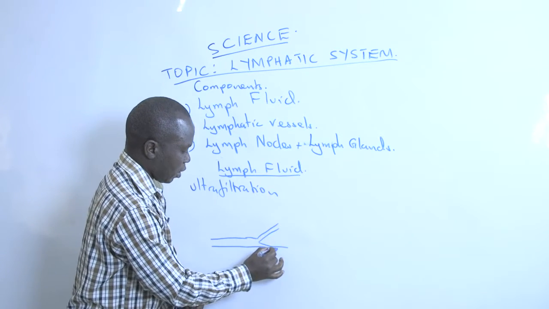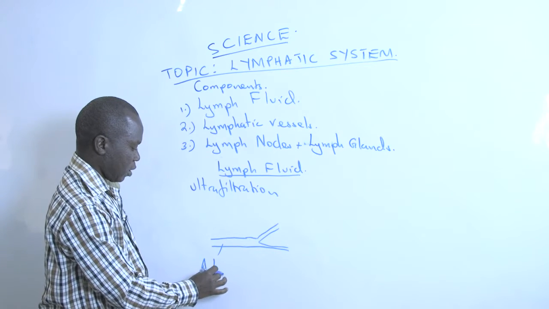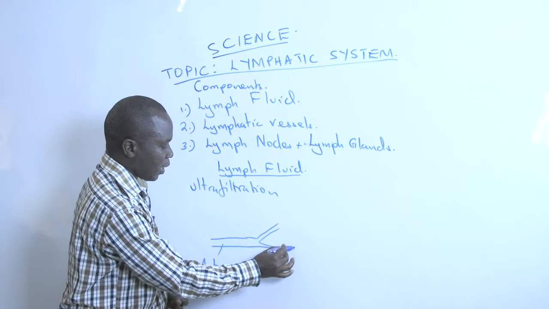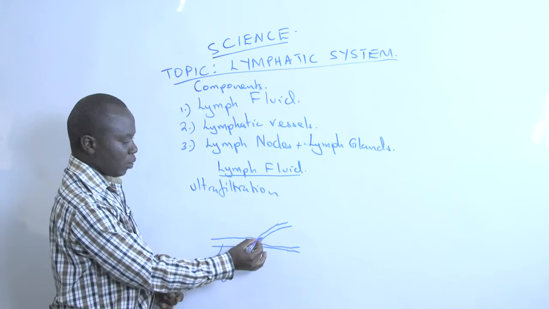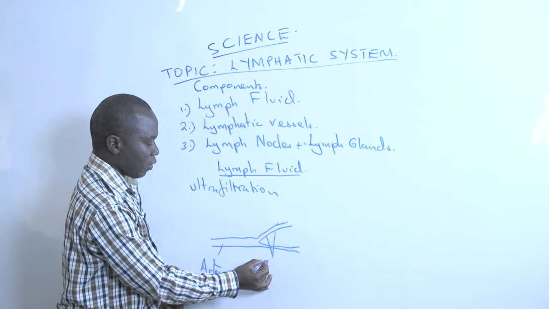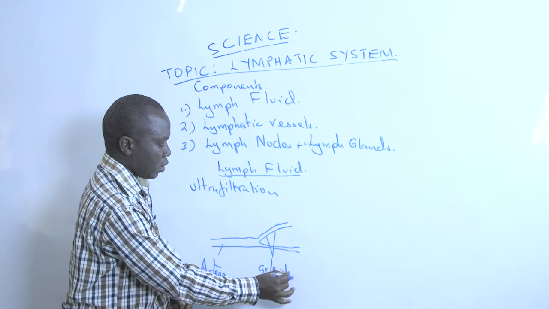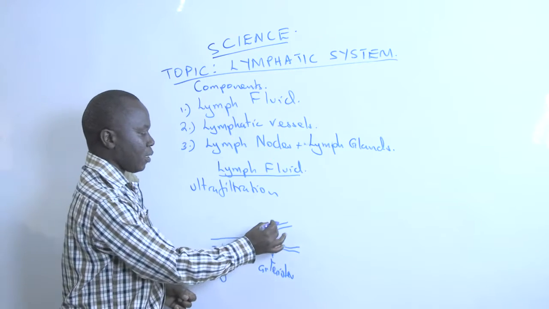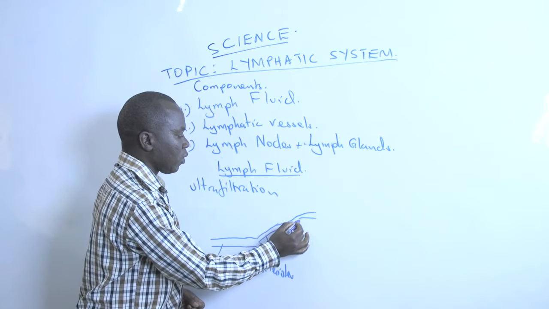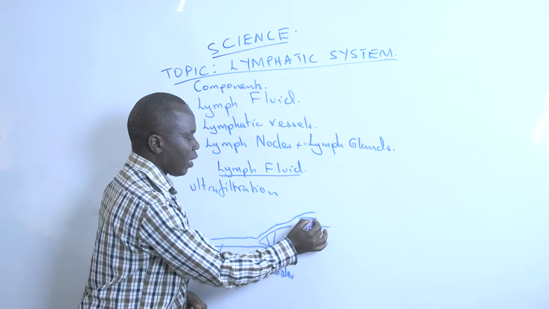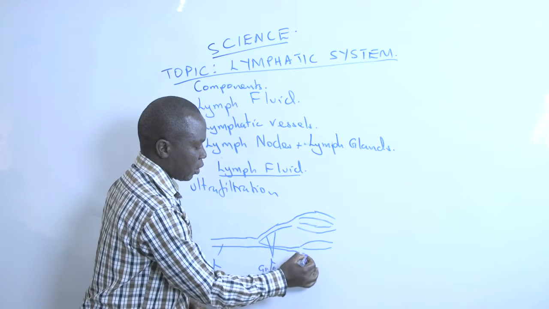If this is an artery, it branches into small arteries. Those small arteries are usually referred to as arterioles. These arterioles usually further branch into very fine blood vessels called capillaries.